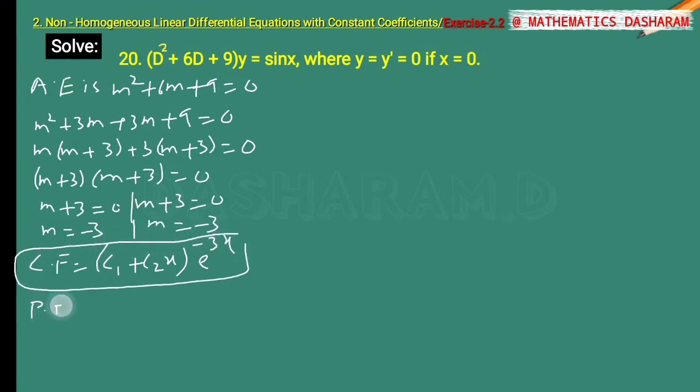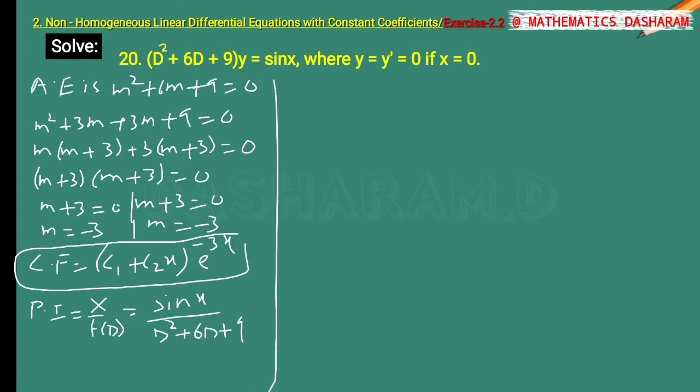Next, the particular integral is X divided by f of D. So the X value is sin x divided by d square plus 6d plus 9. Here substitute d square equals to minus a square, where the a value is the x coefficient, so minus 1.